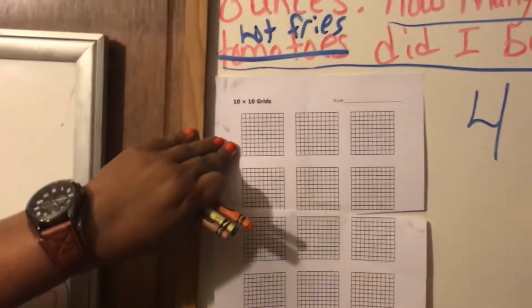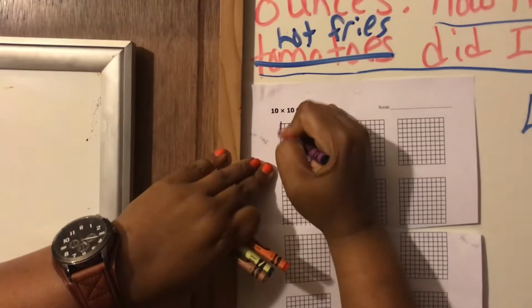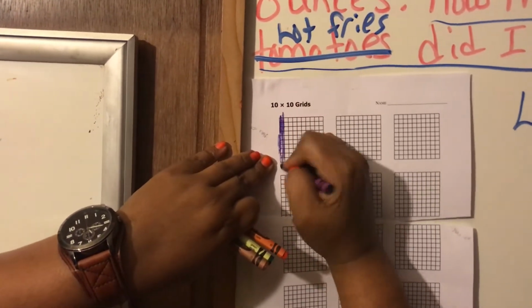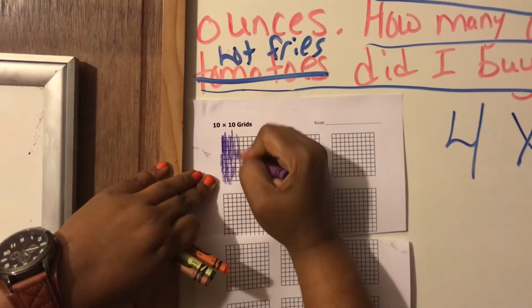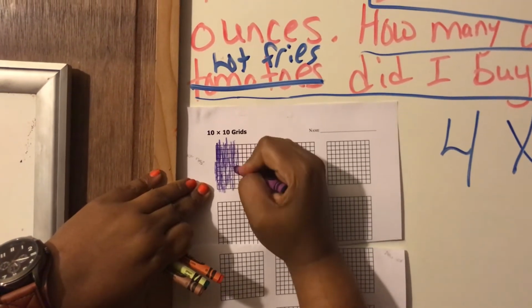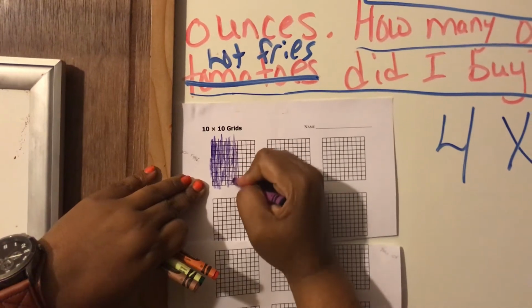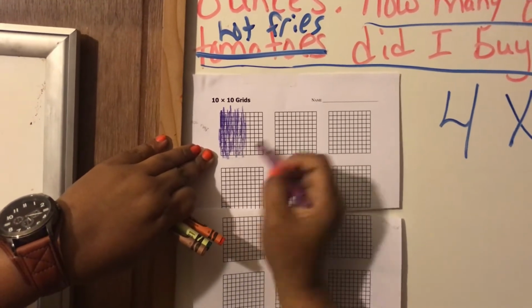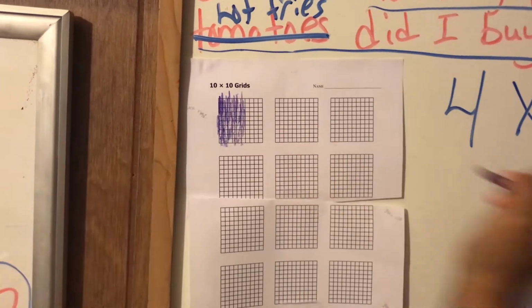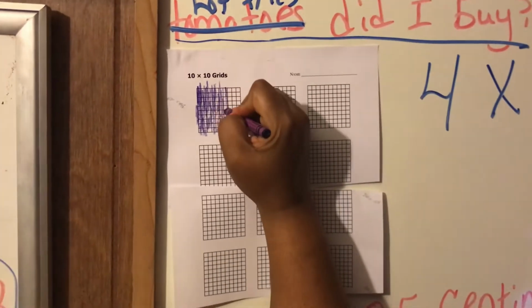The 6 is in the tenths, 8 is in the hundredths. This is 1 tenth, 2, 3, 4, 5, 6. 1, 2, 3, 4, 5, 6. All right, and I still need 8 hundredths.